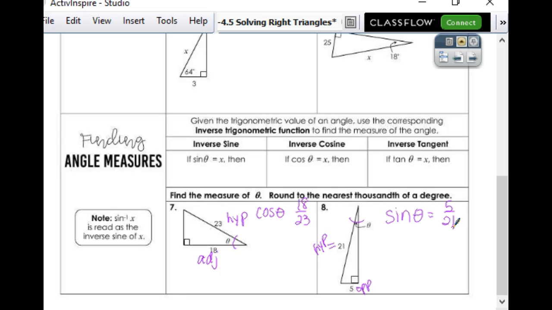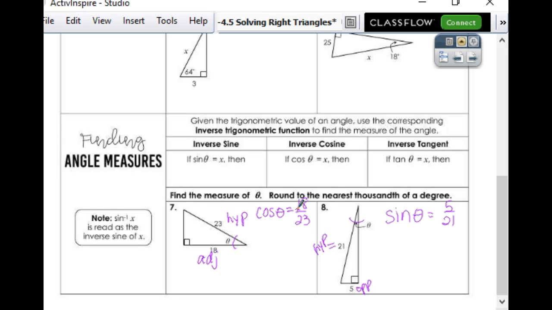So if I'm solving for x squared, how do I solve for x squared? I square root it, right? If we're adding something, I have to subtract it. If I have x to the third, we take the cube root. We do the inverse function, right? So I need to solve for my theta.